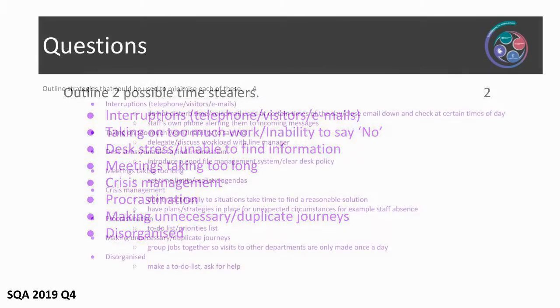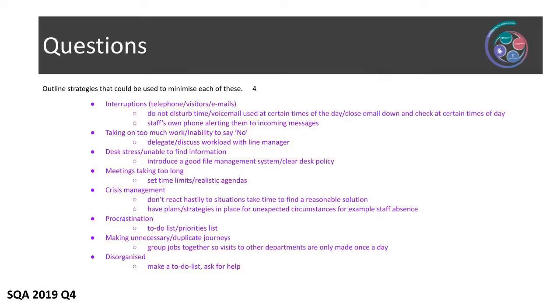Turning our attention to strategies that could be used to minimize each of these, where we want to develop our strategies on a bit, make sure we're giving either some facts or features about how we can minimize them, or some key characteristics as well would help here. So in terms of the interruptions, we could have blocked time in the diary, which is do not disturb time.